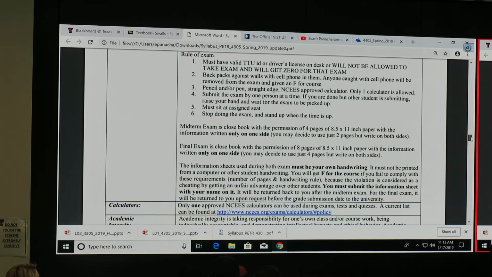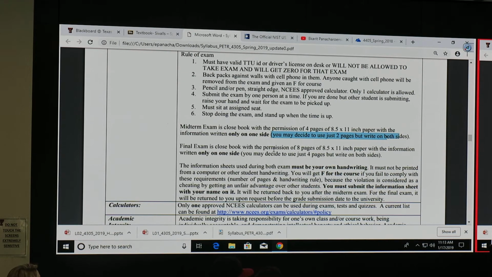Rules of the exam. The midterm exam is closed book with permission of 4 pages of 8.5 by 11 inch paper with information written only on one side. You may decide to use just 2 pages but write on both sides.